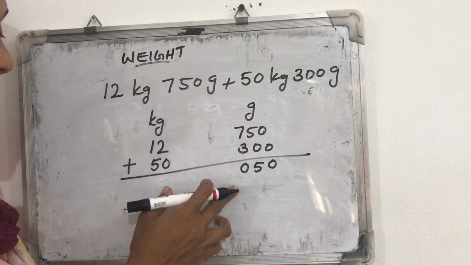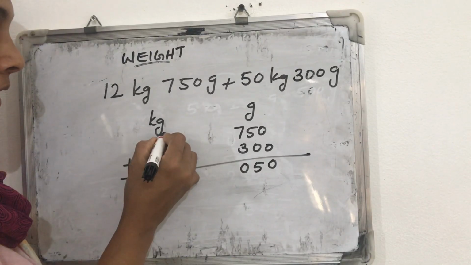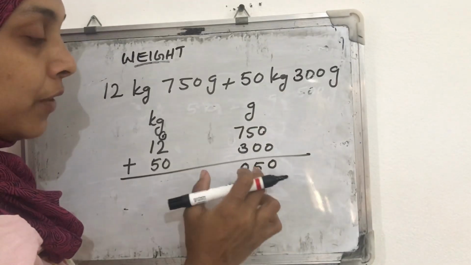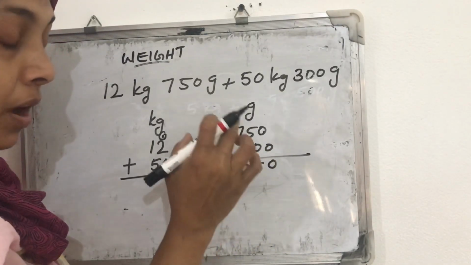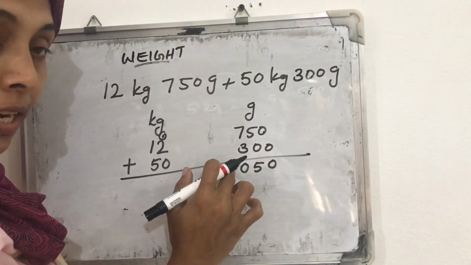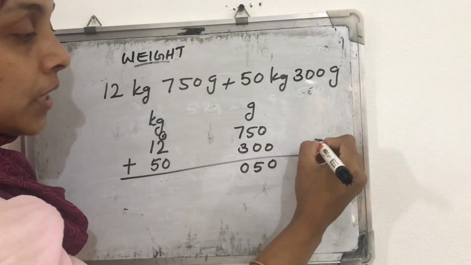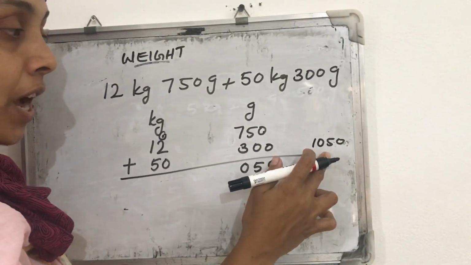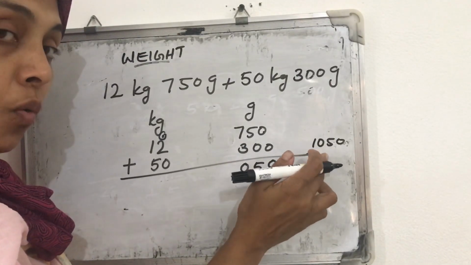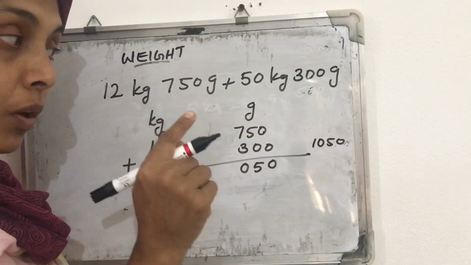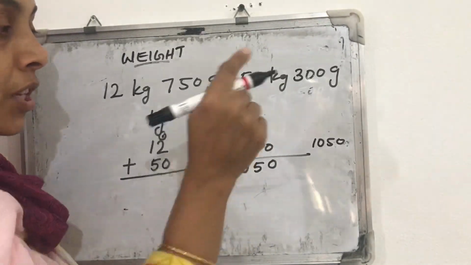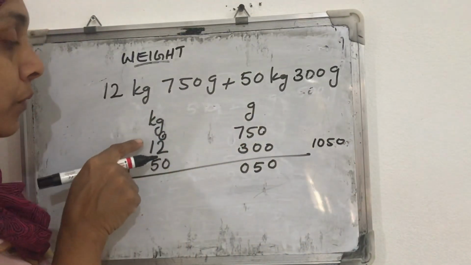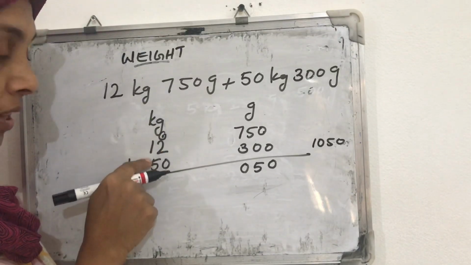The balance is there. That 1 we want to add with the kilogram. When we add the grams only, 750 plus 300, we will get 1050 gram. In 1050 gram there will be 1 kilogram, because 1000 gram make 1 kilogram. So from this 1050 gram, we can take 1 kilogram and add it with the 12 and 50.